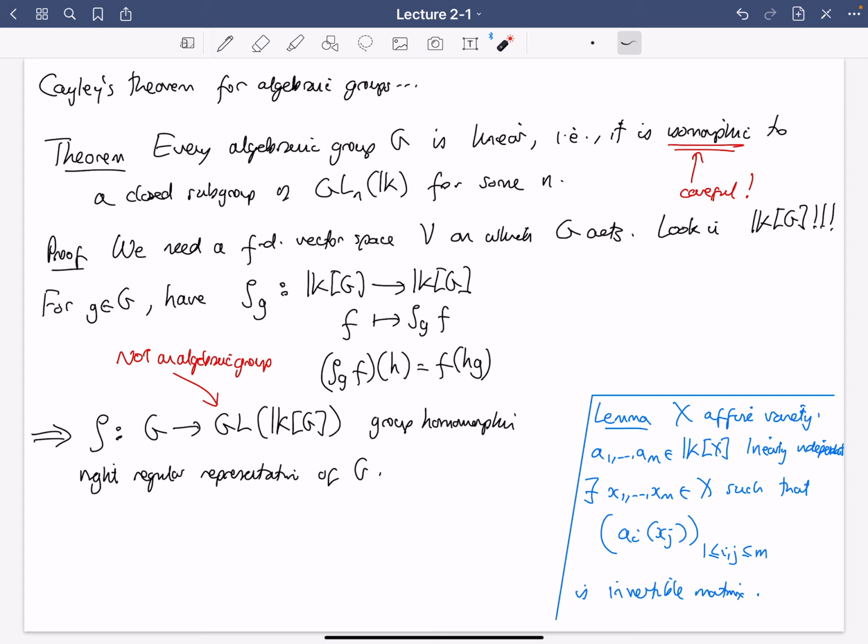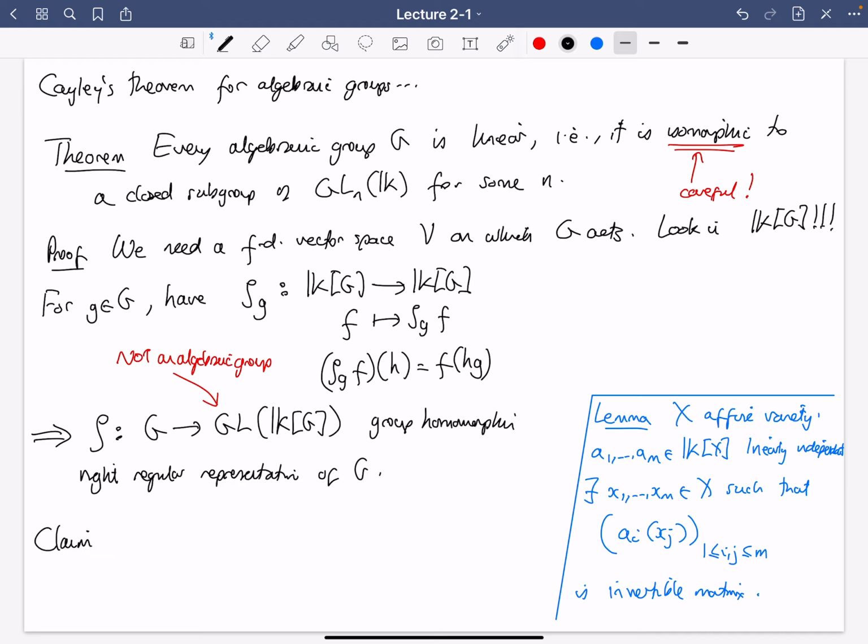But this rho, sending element little g in our group to this linear map rho_g, is for sure a group homomorphism. So that's a great big vector space on which G acts, but we need a finite dimensional vector space in order to prove this theorem. Fantastic. Okay, so let's see what we can do with this.